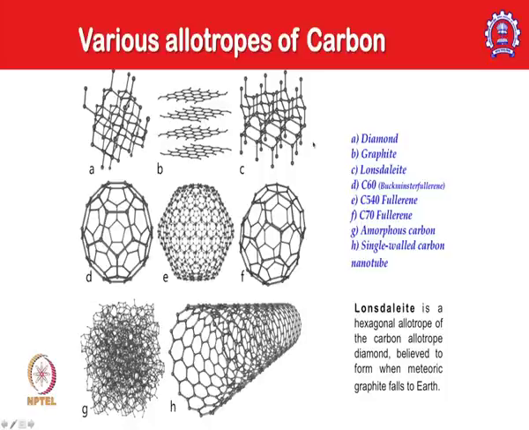And then D is C60 fullerene, and then this is C70 fullerene, and this is amorphous carbon, and also this is single walled carbon nanotube. So, like that, and of course, these all essentially originate from graphite, monolayer graphite, and their different types of arrangement led to the formation of some of those other allotropic forms.